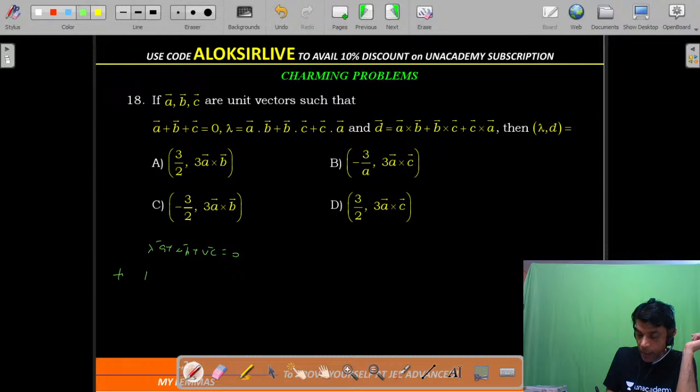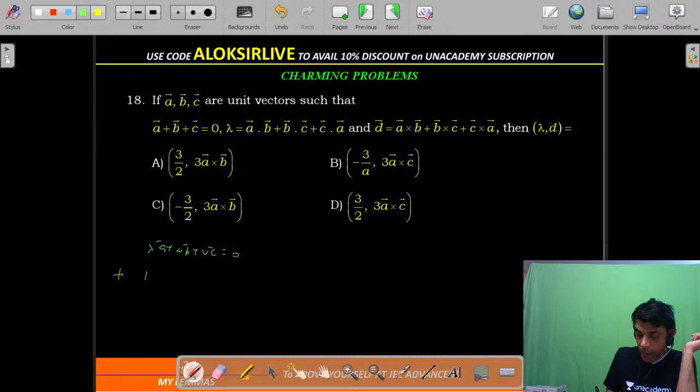And out of these two, you can check always what you are getting. That you can get easily. So you can check like this, that you will write A plus B plus C squared. You will get A squared plus B squared plus C squared plus twice A dot B, B dot C, C dot A. So A plus B plus C squared is 0, right?